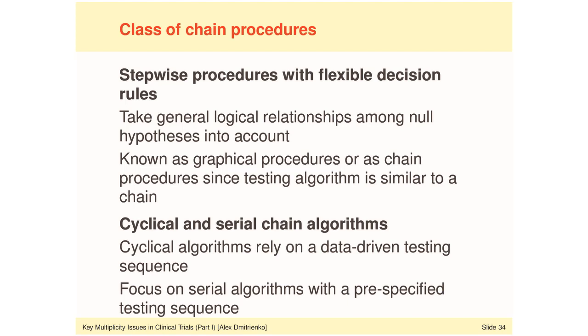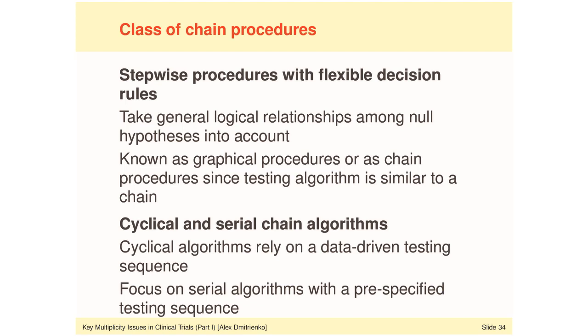From a chain procedures perspective, a multiplicity problem with several hypotheses in a clinical trial is similar to a set of different states for a Markov chain, and therefore chain procedures define rules for transferring alpha from one hypothesis to another hypothesis, and the testing process looks very much like a Markov chain.